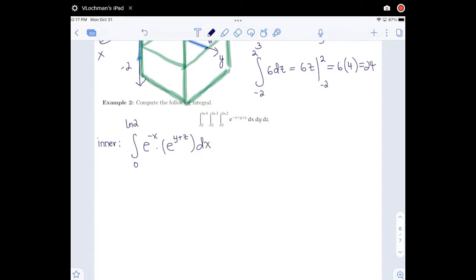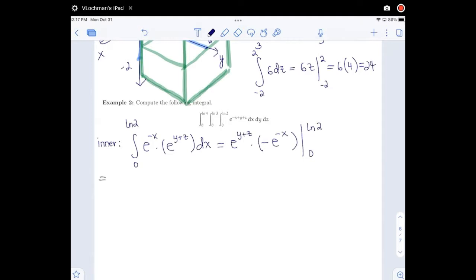Just to emphasize that e to the power y plus z is a constant relative to x, right? So this is e to the power y plus z times the antiderivative. I can compute that, so that would be negative e to the negative x. We evaluate from 0 to natural log of 2.